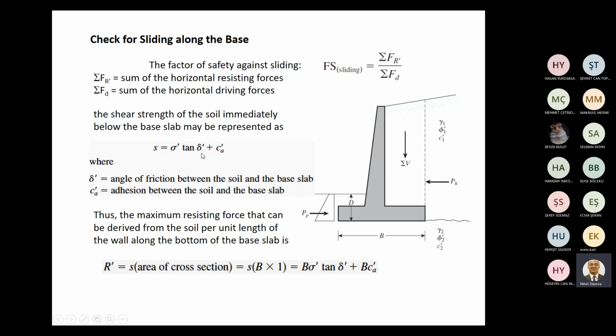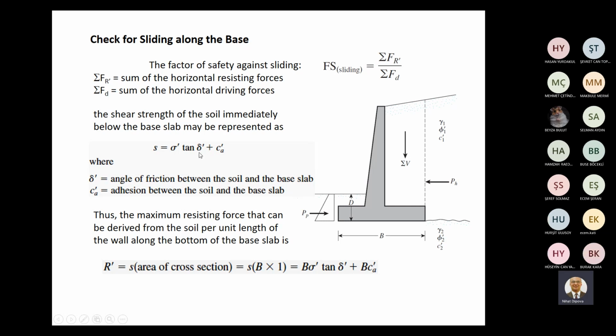But again, please note that this angle is not the internal friction angle of soil. This is the friction angle of this interface between concrete and soil. Similarly, this cohesion is not the cohesion of the soil. This is adhesion between soil and the base along this interface.